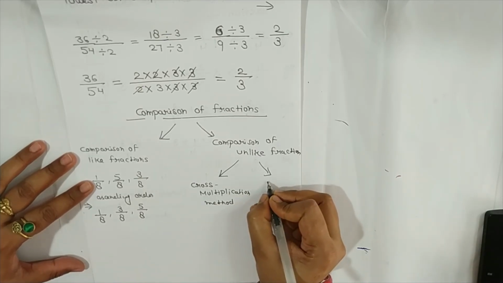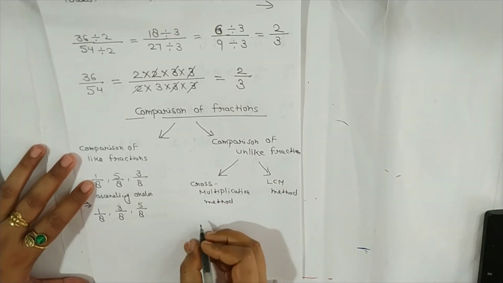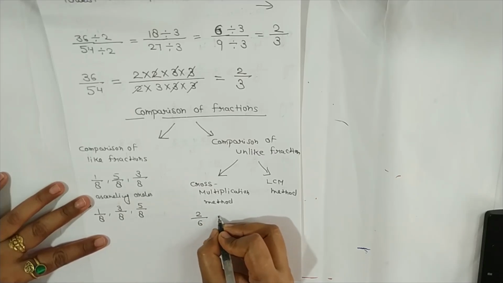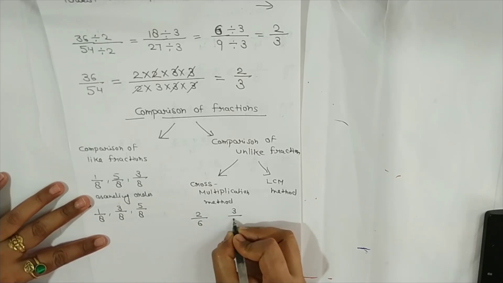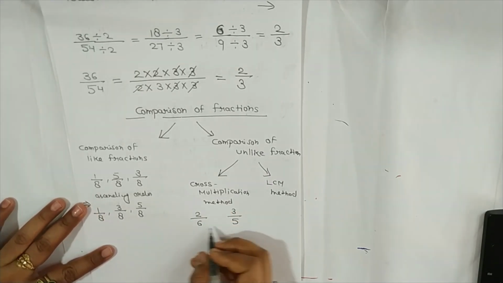Second method is the LCM method. Now suppose 2 upon 6 and 3 upon 5 are given. Okay. Now we have to compare these two fractions.